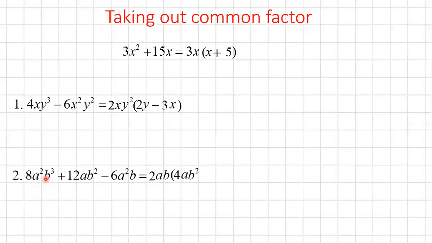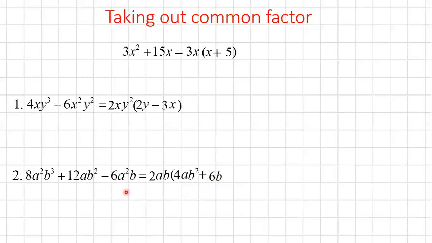And write it inside the brackets. After that, plus, because of the plus sign here, and divide the second term by the greatest common factor. 12 by 2, it's 6. A by a cancel each other, and b squared by b, it's b. So write 6b inside the brackets here.